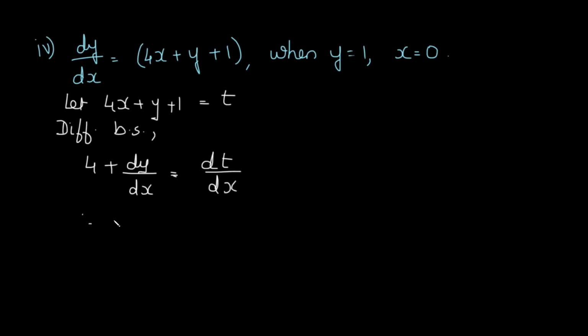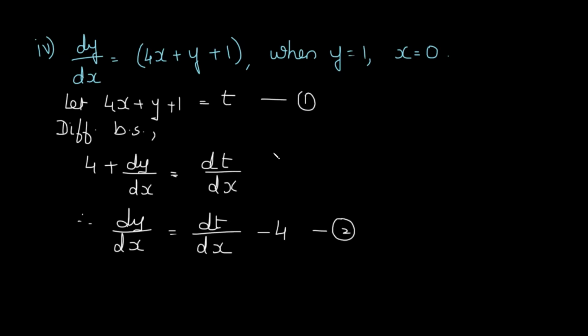Therefore, we have dy by dx is equal to dt upon dx minus 4. Suppose this is the first equation and this is the second one. We substitute both these values in the question given.